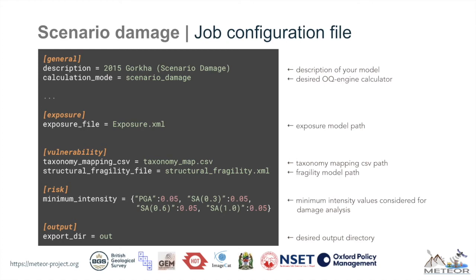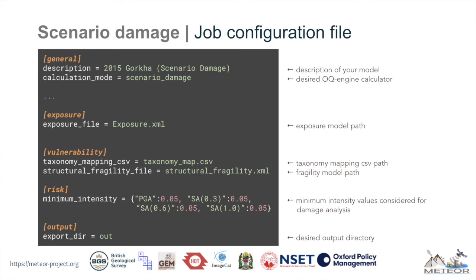We have many of the same inputs as before in the hazard calculation, which references the rupture model and the site model, but I have truncated those here so that we can highlight the new inputs. The new inputs include the exposure file, the path indicated here as exposure.xml, and the taxonomy mapping file with the path indicated here, and the structural fragility file with the path as indicated here.